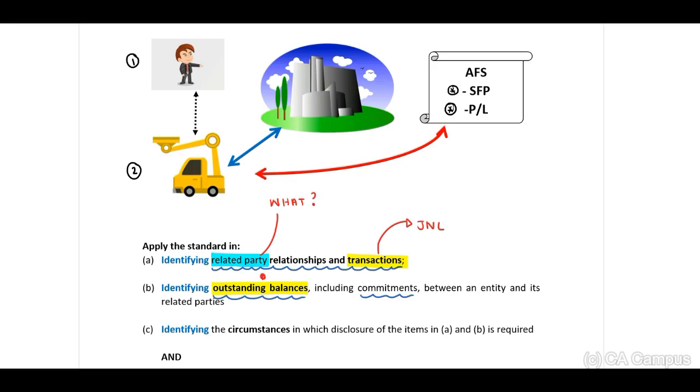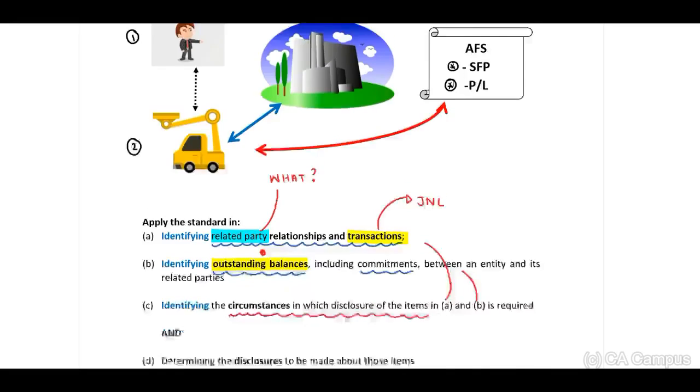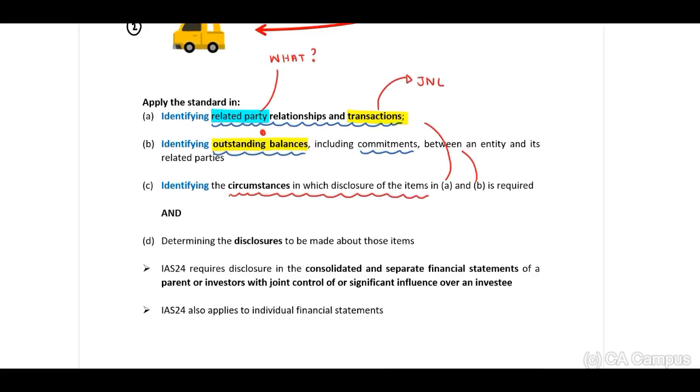Then the standard will indicate to us that we need to disclose the circumstances in which disclosure of the items in A or B is required, and determining the disclosure to be made about those items. Therefore, the standard will indicate to you that you need to disclose the details relating to the related party transactions.